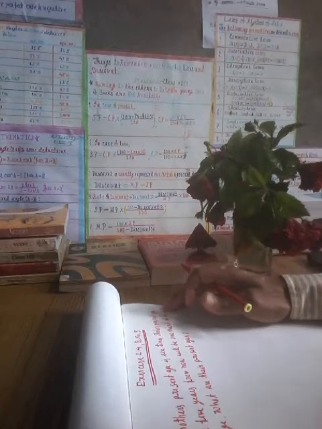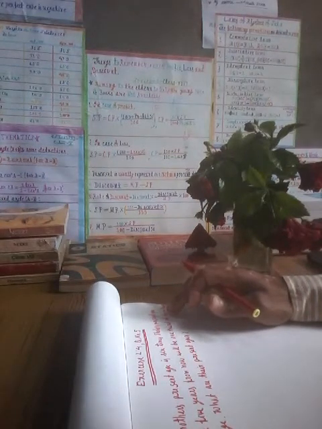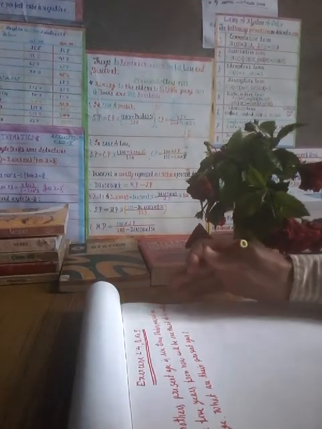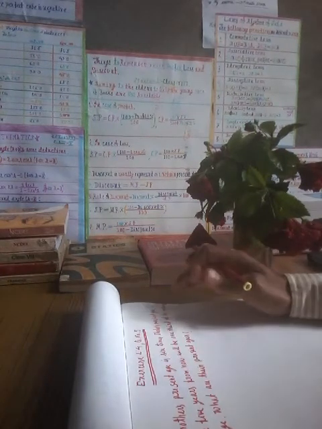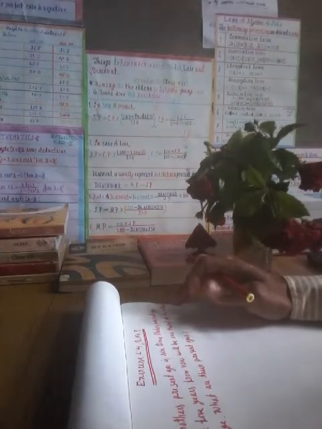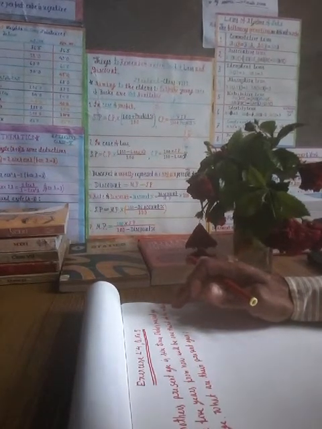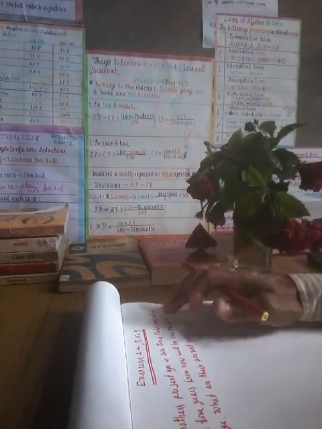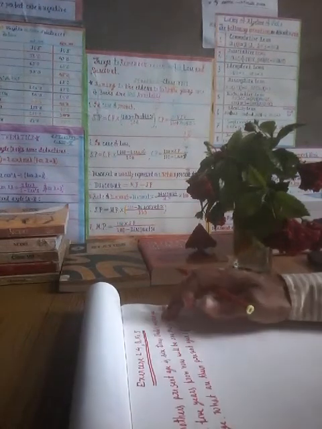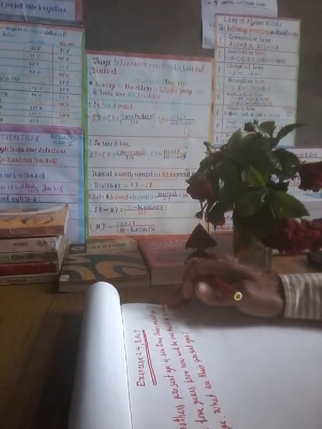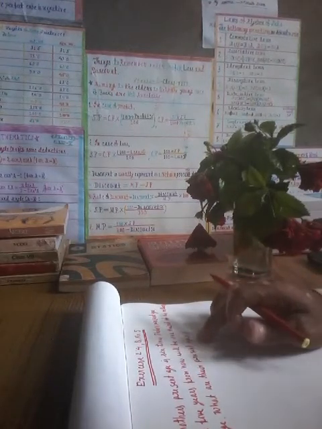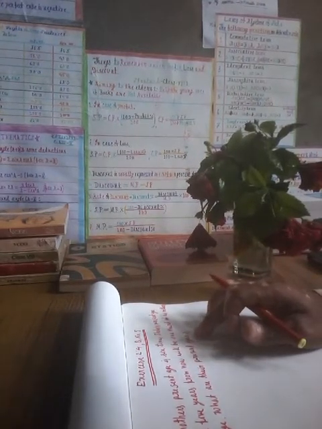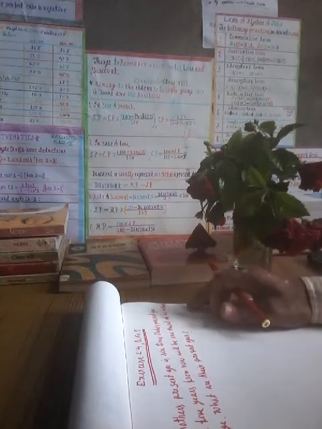If we take the present age of Subhu to be x, then the present age of his mother will be 6x years, according to the first part of the question. So we have to find out the present ages of both of them.